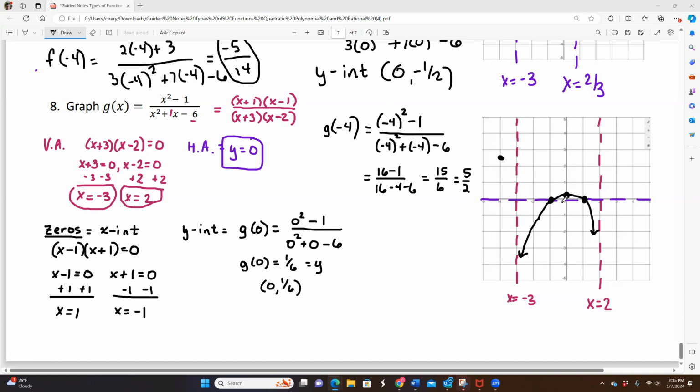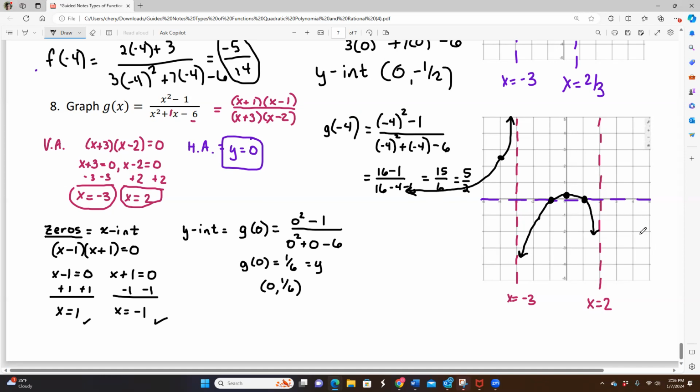So here's that point, when x is negative 4 and y is 2.5. Now that we know that it is above the x-axis, it's not going to cross the x-axis again because we only have these as our x-intercepts, and it's not going to cross the vertical asymptote. So it's got to do this.